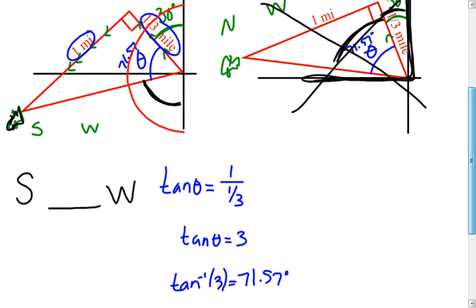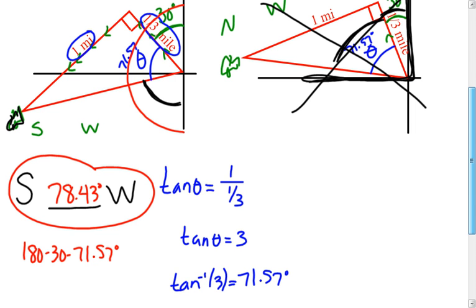Okay? So if I take 180 minus 30 minus 71.57, that is going to give me that angle, which then ends up being 78.43 degrees. All right, and that is it for today.